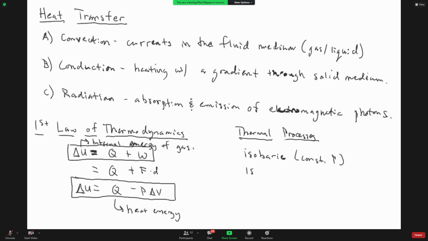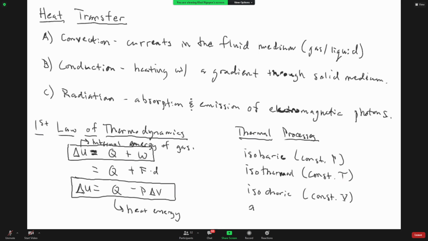Isothermal, constant temperature. Isochoric, constant volume.